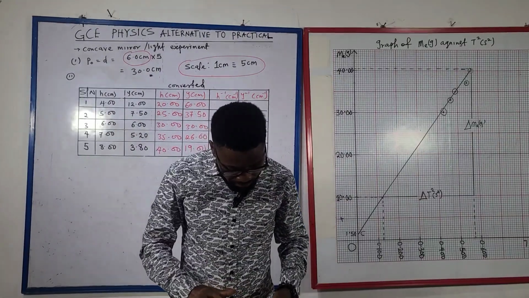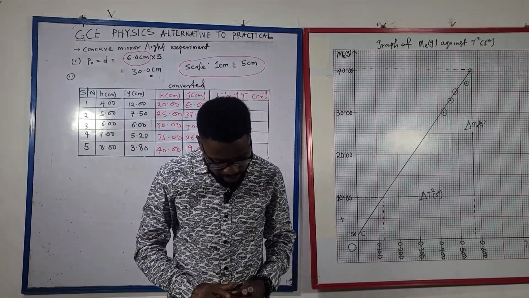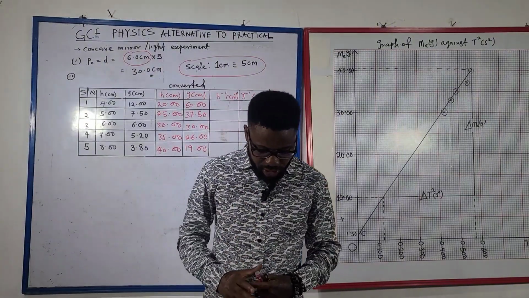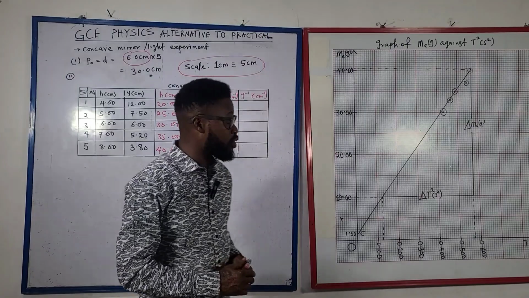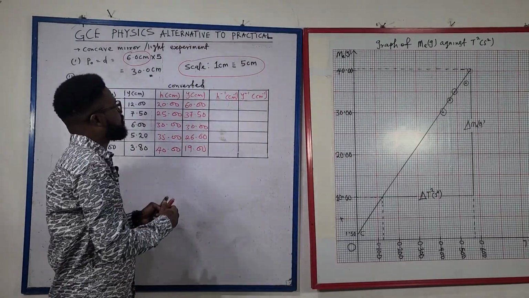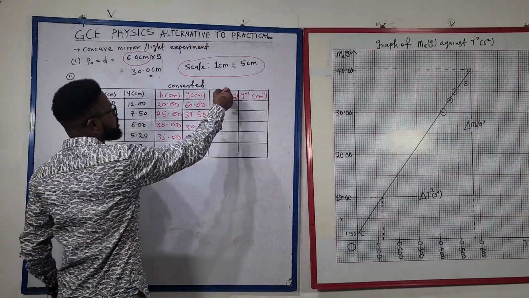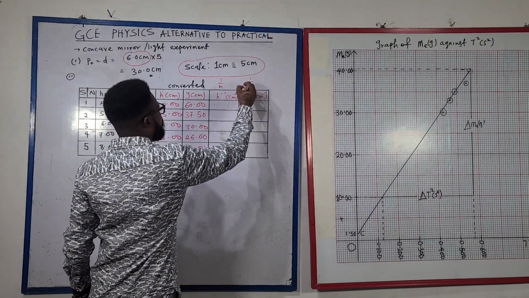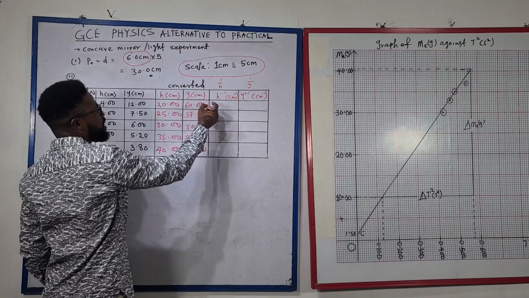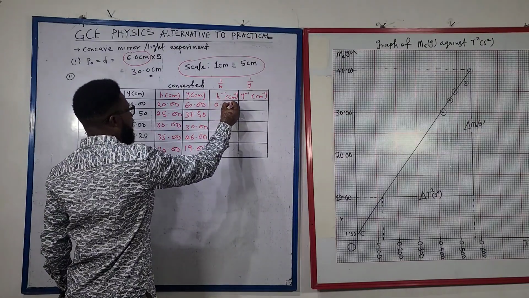Of course, I'm going to be using the converted form. So when they say h raised to power minus 1, it means 1 over h. It means 1 over y. So 1 over 20 here is going to give me 0.05.